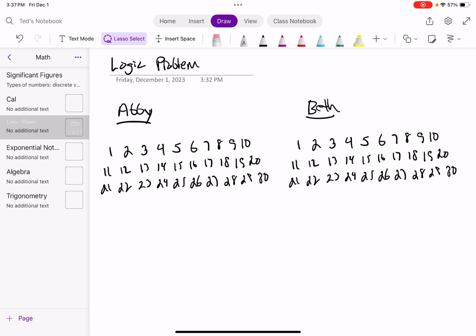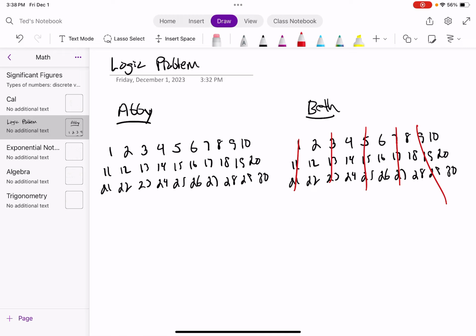So if she had an odd number, she would know that it can't be double Abby's. So she can't have an odd number. So that rules out all of the odd numbers, leaving only possible even numbers.